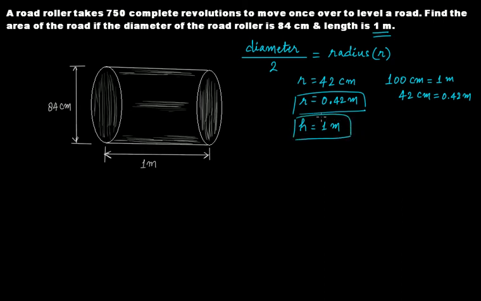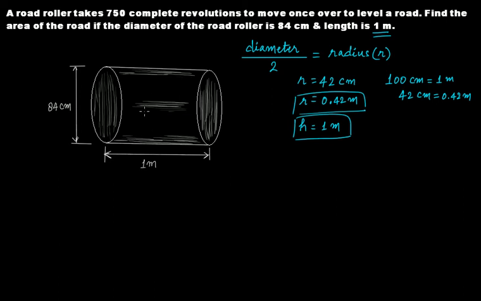Now, the area that this cylinder will cover on the road in one revolution will actually be the lateral surface area of this cylindrical roller. It's just the same as when we deal with the problem of a wheel rotating on a road.